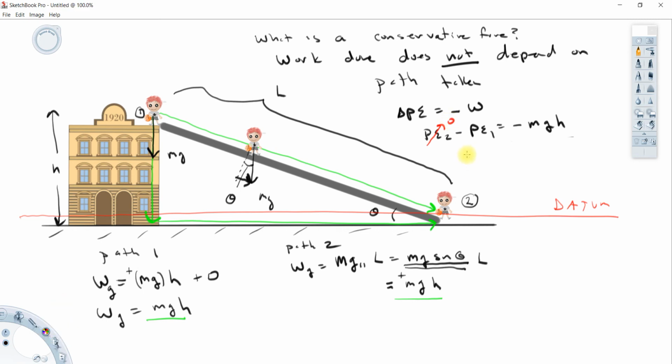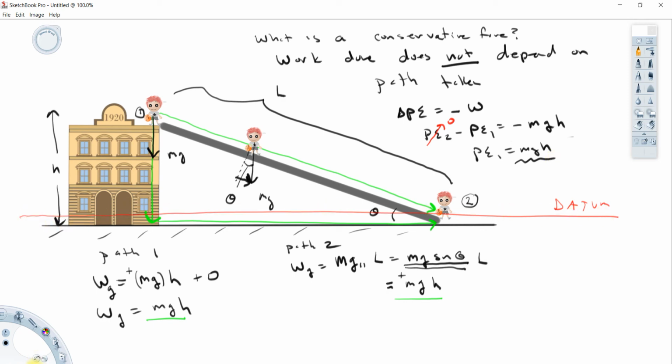And you'll see that basically we'll have minus PE1 equals mgh. This term, mgh, is what's referred to as the gravitational potential energy. It's basically the work that gravity will do on an object as it goes from some location to your defined datum.